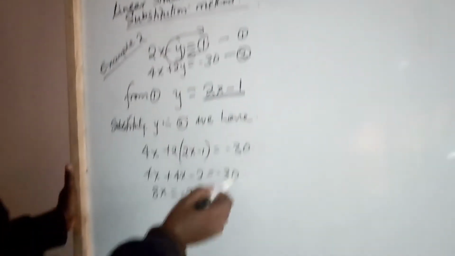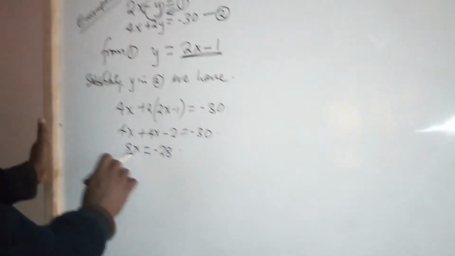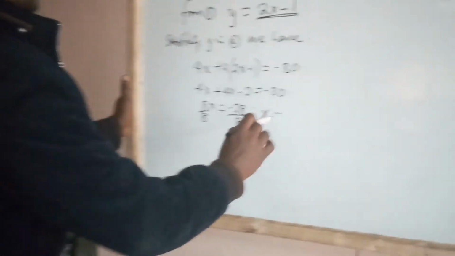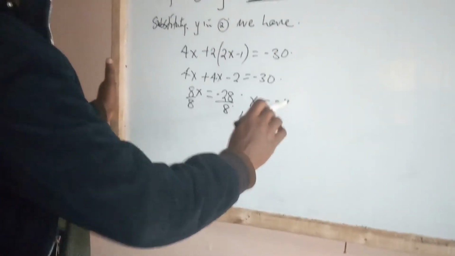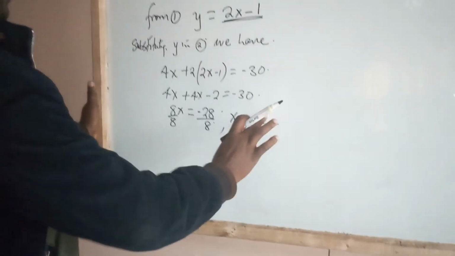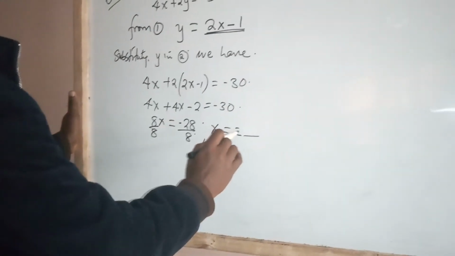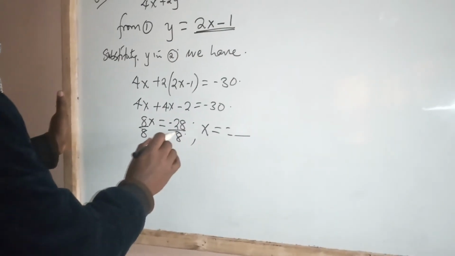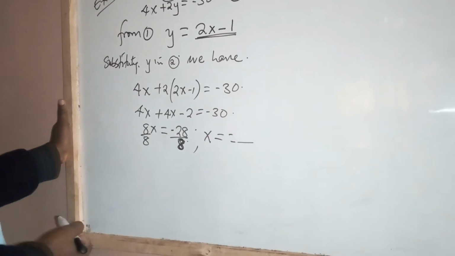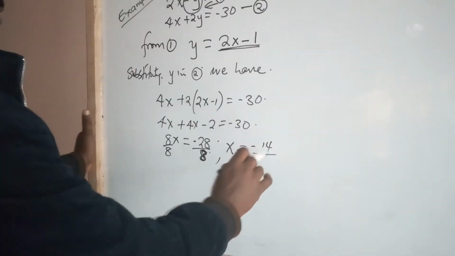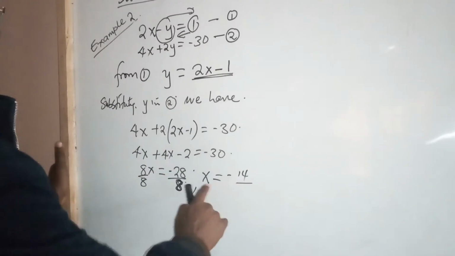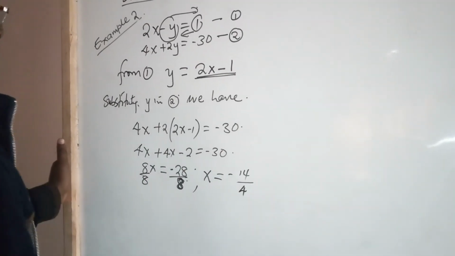Because of minus 30 plus 2, you divide by 8 on both sides, and you realize that x is equal to minus 28 over 8. 4 can divide both, so we have minus 14 over 4.